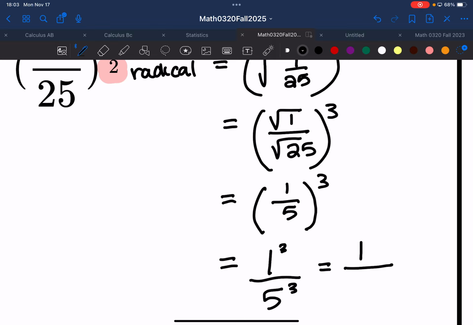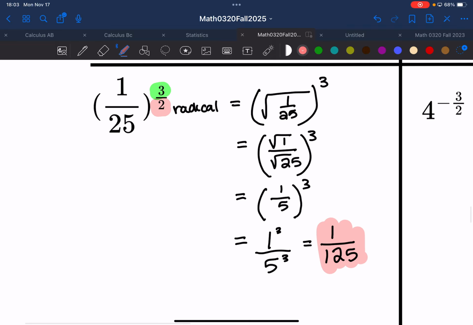Is it 75? I don't think so. 5 times 5 is 25. 25 times 5, 125. So that is our answer. So when we have fractions, we have to make sure we are giving the radical and the exponent to both the numerator and the denominator.